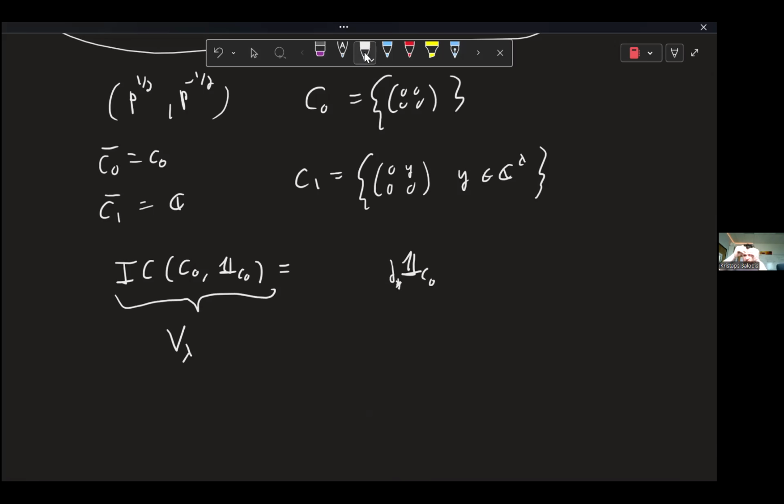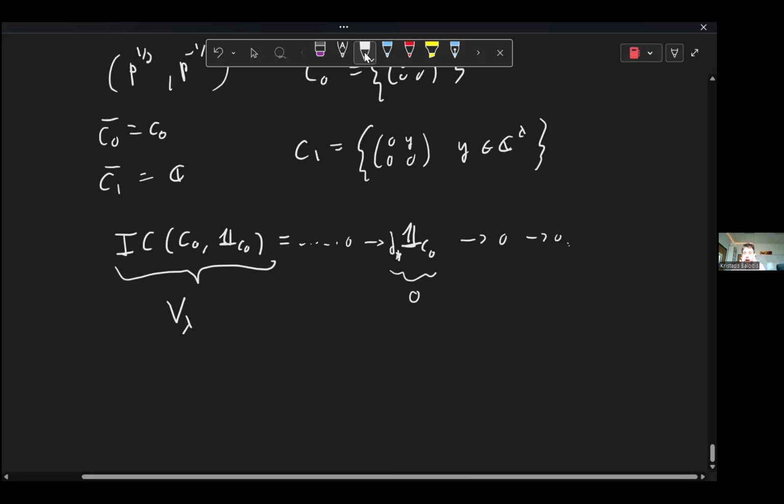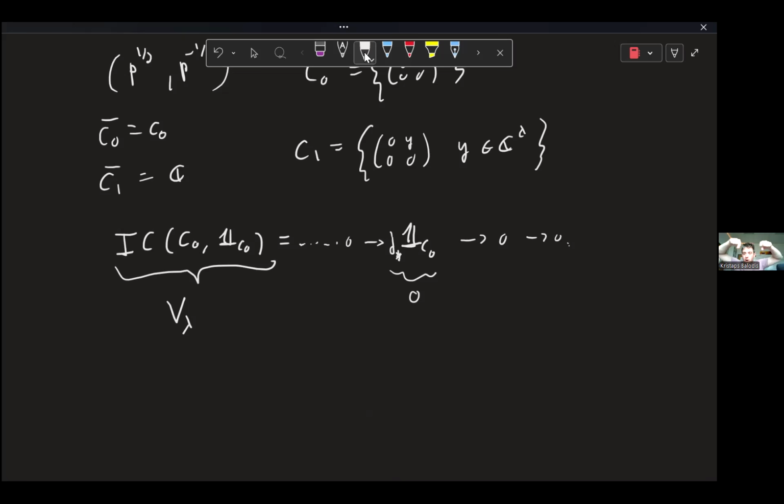It's the sheaf that's concentrated just at the origin, and everywhere else it's zero. It's that in degree zero, and every other part of this complex is zero. And the closure of C naught is itself, so of course there's no trouble extending this to C naught.